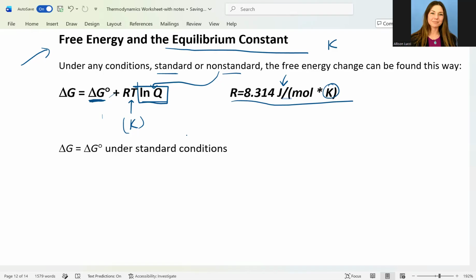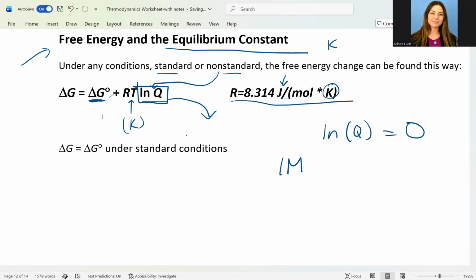We should note that if we have standard conditions, this second term will actually cancel out, and we'll see that our natural log of Q would equal 0 when we have 1 molar standard condition.